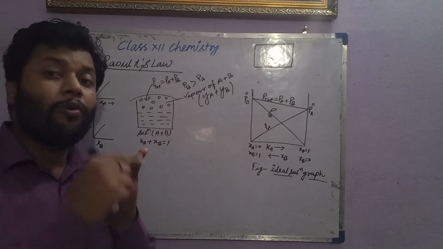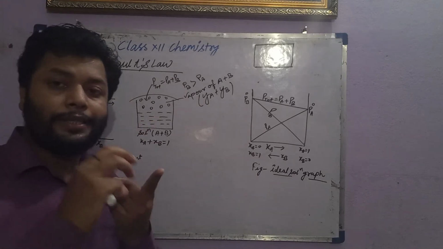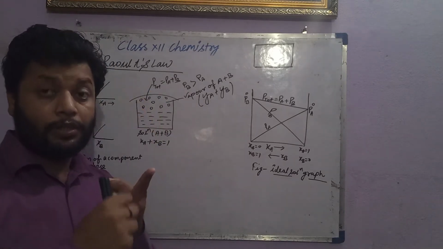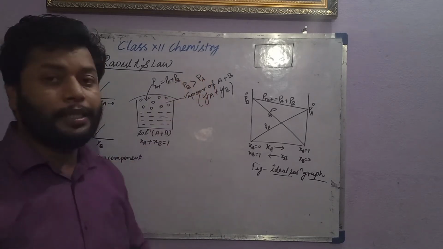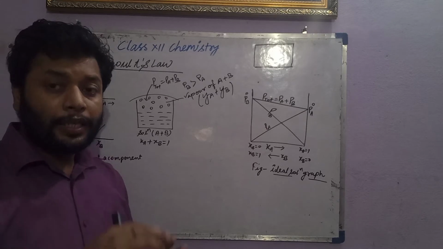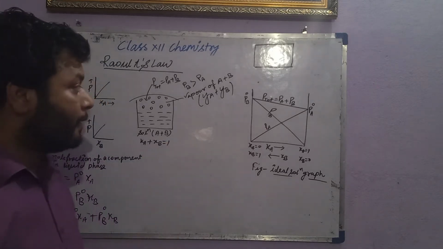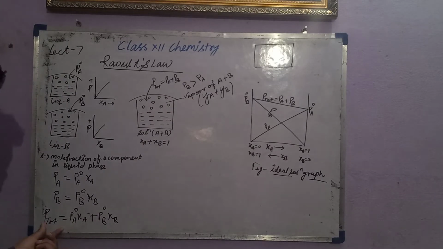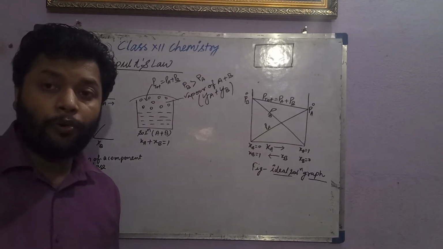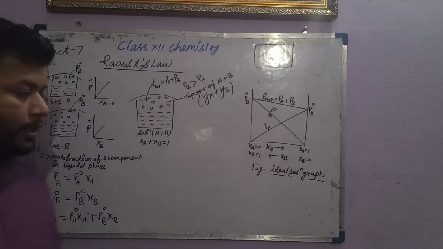Because B is more volatile, B has more tendency to escape. That's why PB has greater contribution than PA.